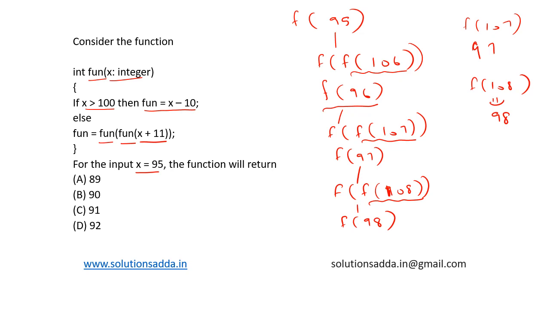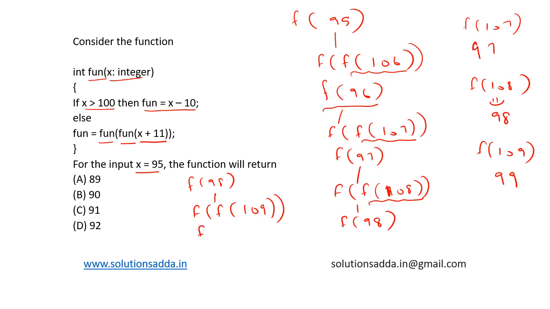Upon calling f of 98, what happens? Let's write it here. F of 98: since 98 is less than 100, we call f of 109. Now f of 109 is called. It would return, since 109 is greater than 100, the value 99.